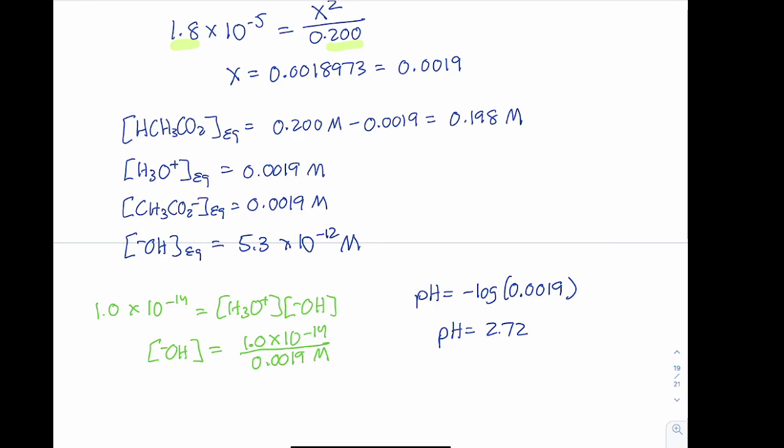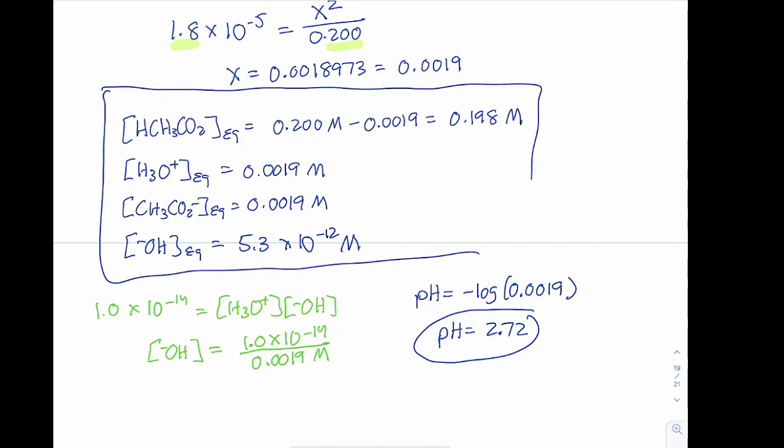Do pay attention to sig figs. Remember, we have that new rule for log values, only the digits after the decimal point are significant. So this is 2 significant digits, right? Those leading zeros don't count. So I want 2 digits after my decimal point. So even though I'm writing down 3 numbers, only 2 of those digits are significant. So we have our answers here.